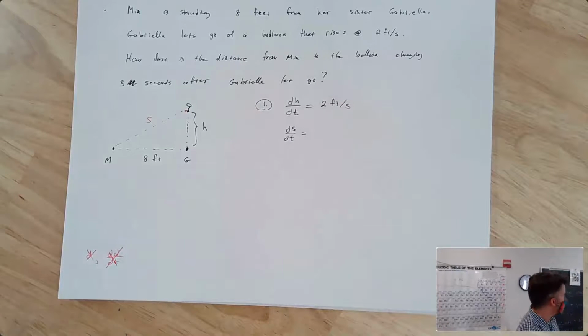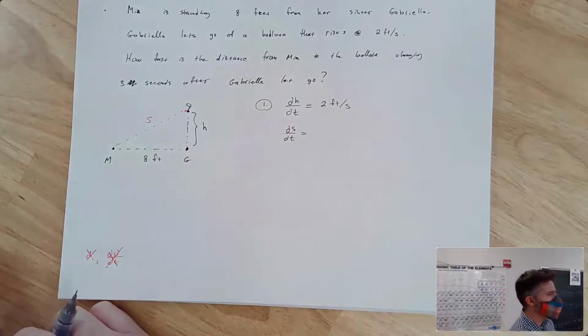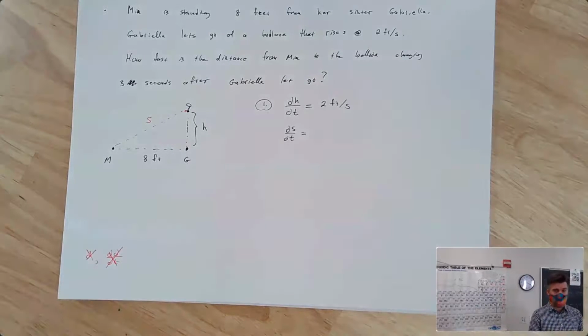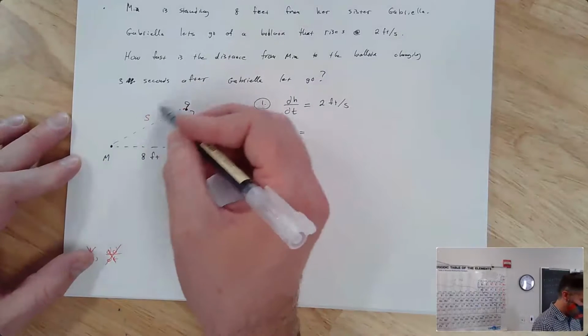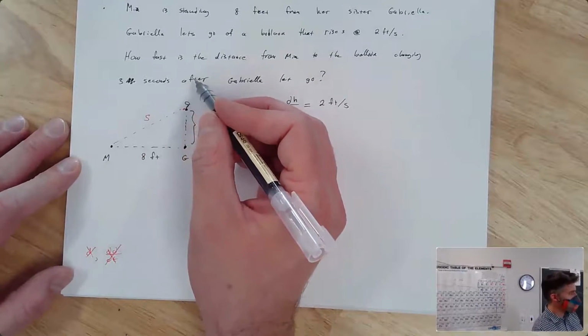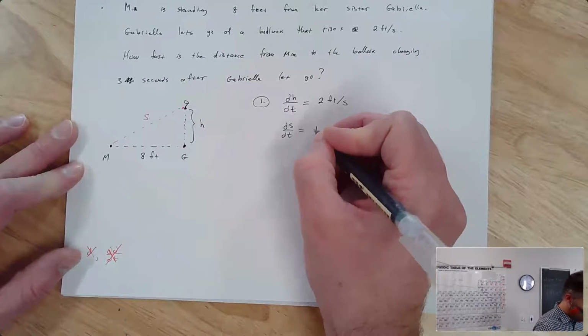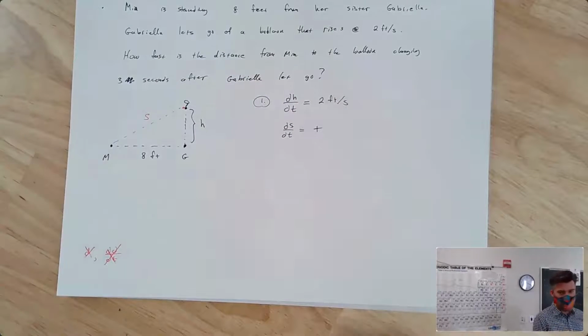Do we expect ds/dt to be positive or negative? Is the distance of the balloon increasing or decreasing? Definitely increasing. If you're not sure, you can always draw a second picture where the balloon is higher and see that it's further away. So it should be positive. It's good to think about if your answer should be positive or negative.